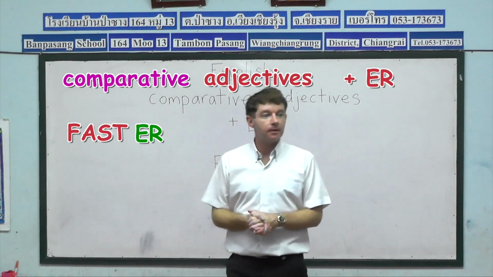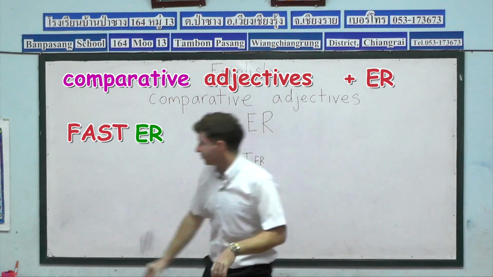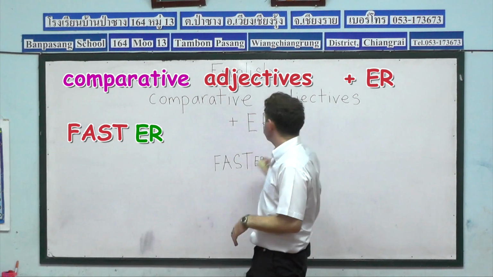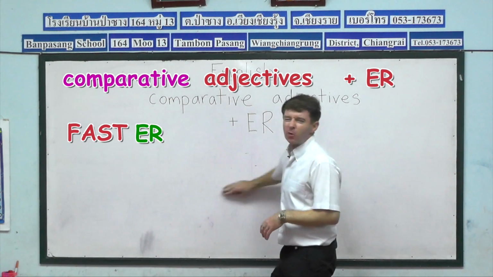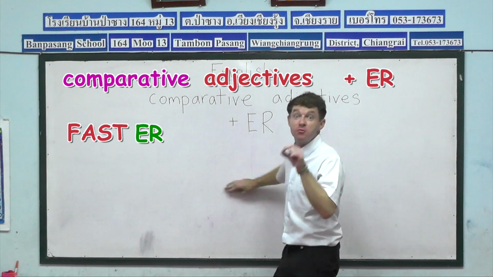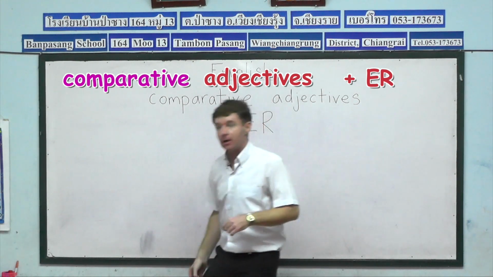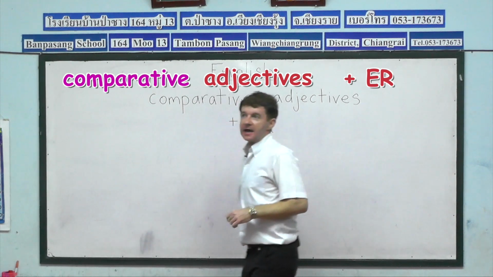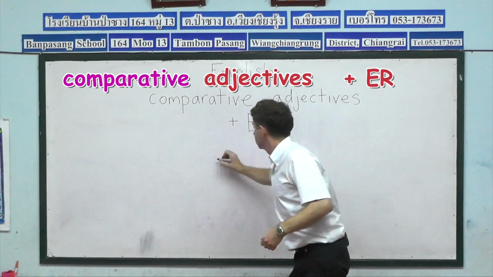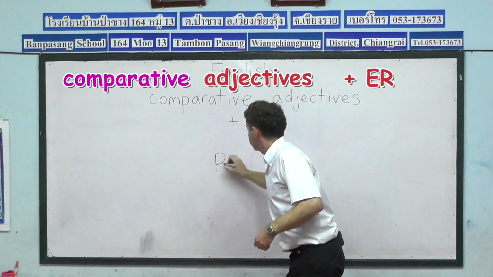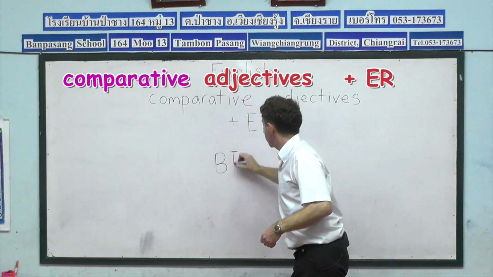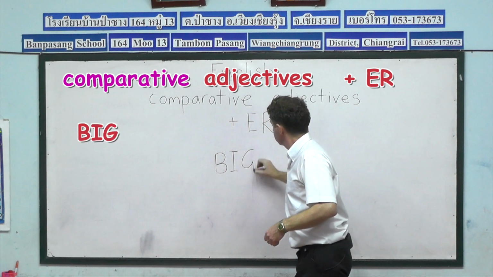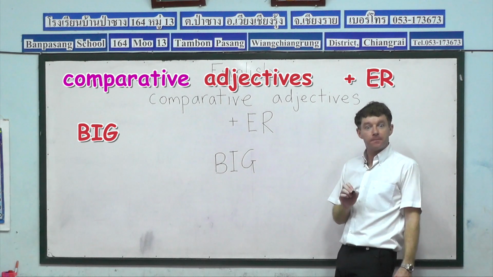So let's see. I know, I'll think of a more difficult word this time. See who can remember. Because some words are quite special. We have to add another letter before ER. Such as B, I, G. Now, big.